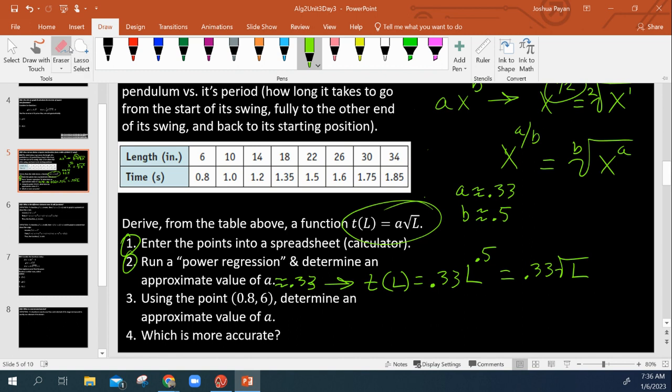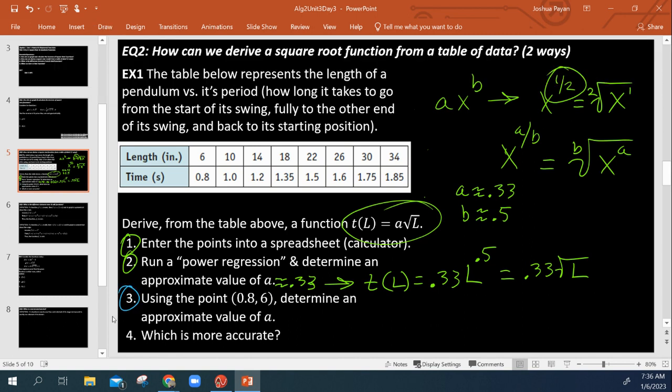Now let's talk about how we can do that with pure algebra. Using this first point, 6 by 0.8, we can also approximate the value of a. If T is equal to 0.8 and L is equal to 6, I just plug that in here.